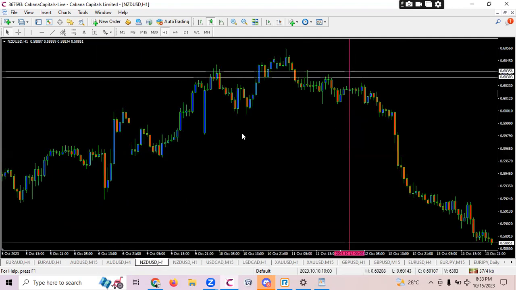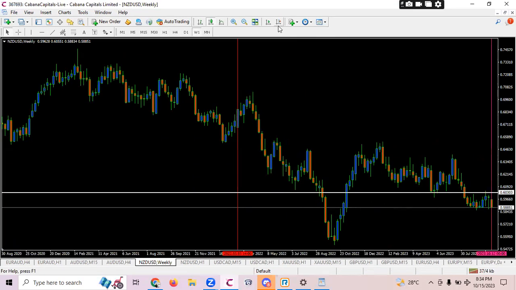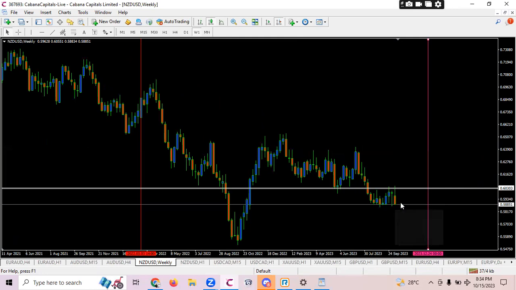What we have on New Zealand is a similar pattern to what we've seen on other pairs. You can see last week we closed strongly bearish. So I'm bearish.